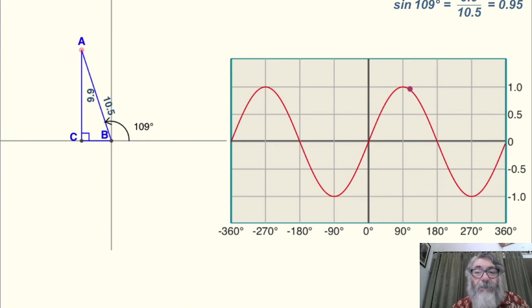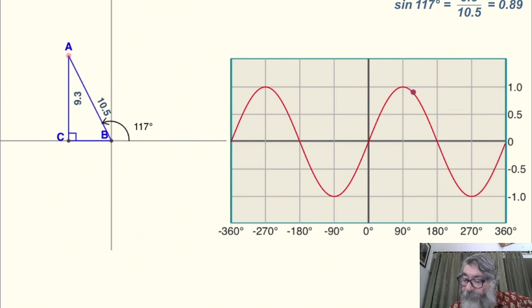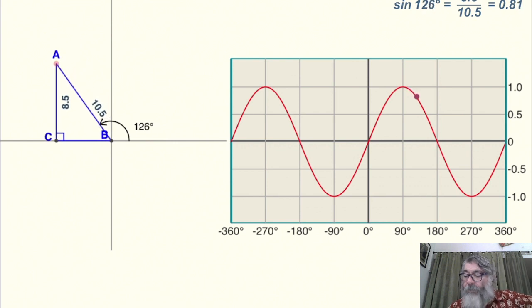It peaked at 90, and now the movement has started downward. If I move it further, now you notice the perpendicular is decreasing.